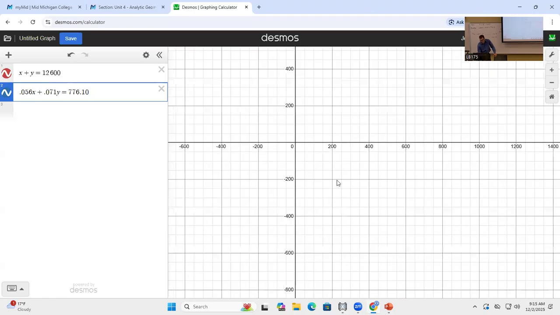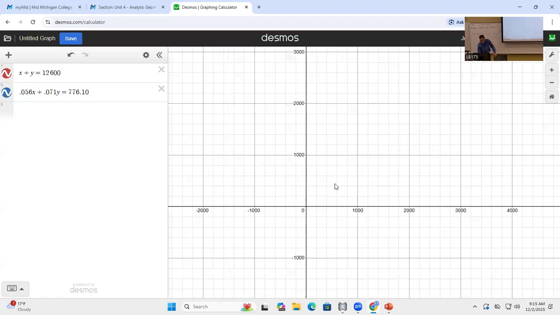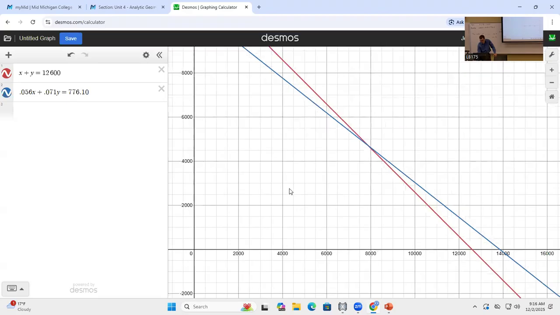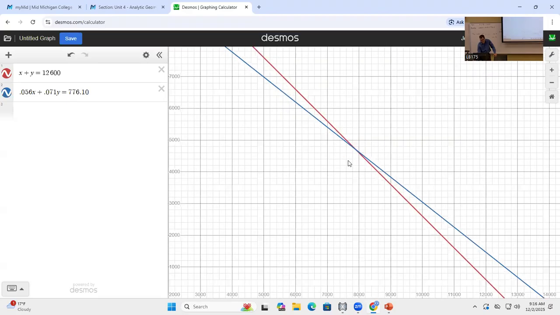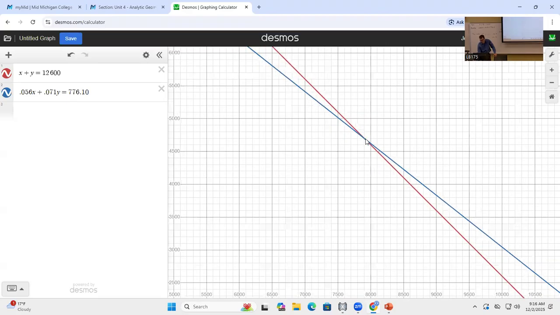And then again, Desmos is nice because we can zoom pretty quickly out and then back in. Notice that, where's this point of intersection? This point of intersection is at 7,900, 4,700.